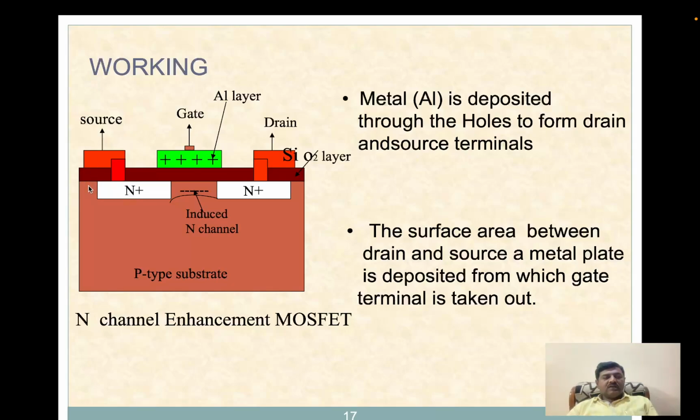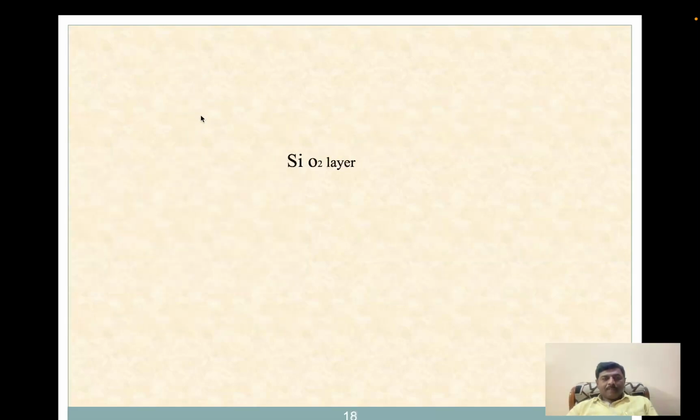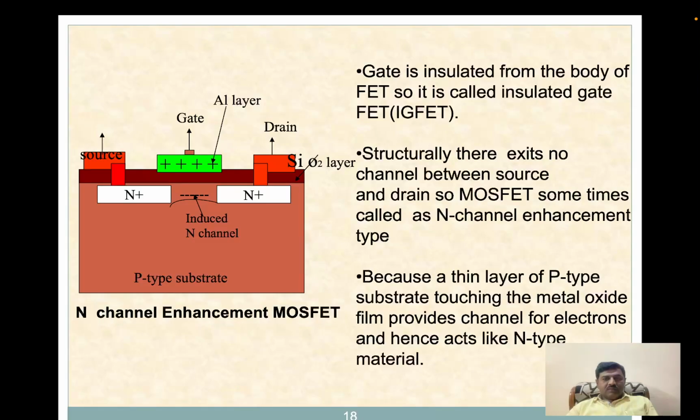So here from the N regions you get the source and drain, and from this metal layer you get a terminal, which we call the gate. This gate is insulated from the body, so we call it an insulated gate field effect transistor.